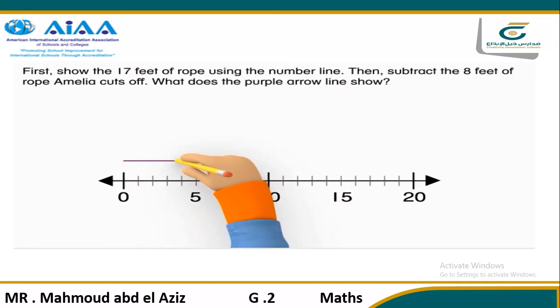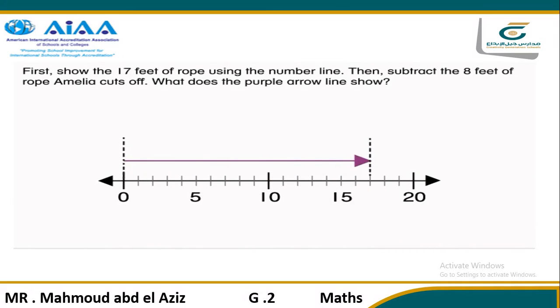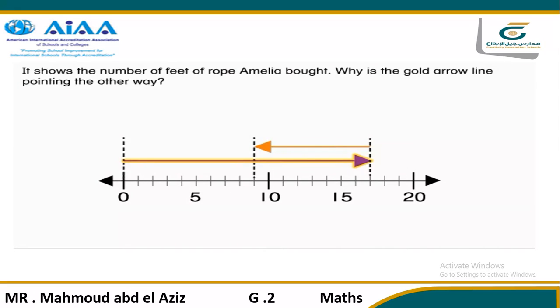First, show the 17 feet of rope using the number line. Then, subtract the 8 feet of rope Amelia cuts off. What does the purple arrow line show? It shows the number of feet of rope Amelia bought. Why is the gold arrow line pointing the other way?